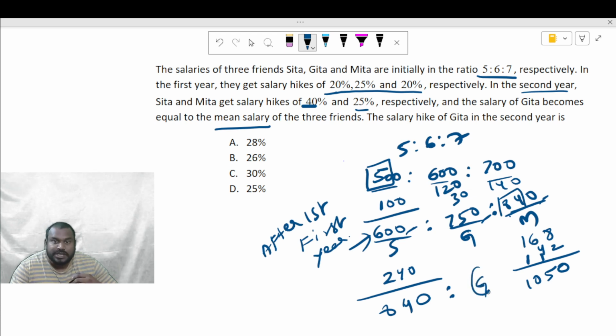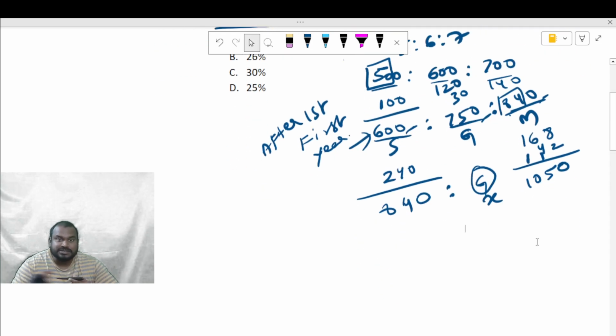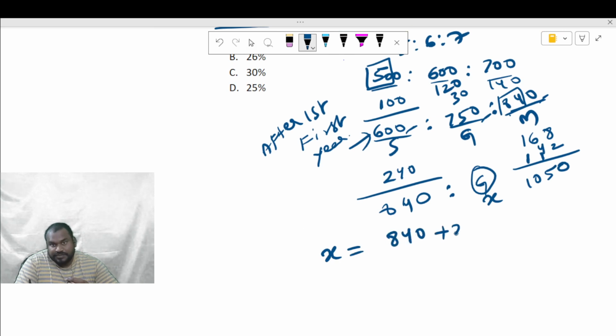For Geeta, I don't know the salary. But it is given that the salary of Geeta becomes equal to the mean salary of the three friends. Okay, Geeta's salary I took as X. The mean salary of the three friends is the same as Geeta's salary. So X should be equal to (840 plus X plus 1050) divided by 3.